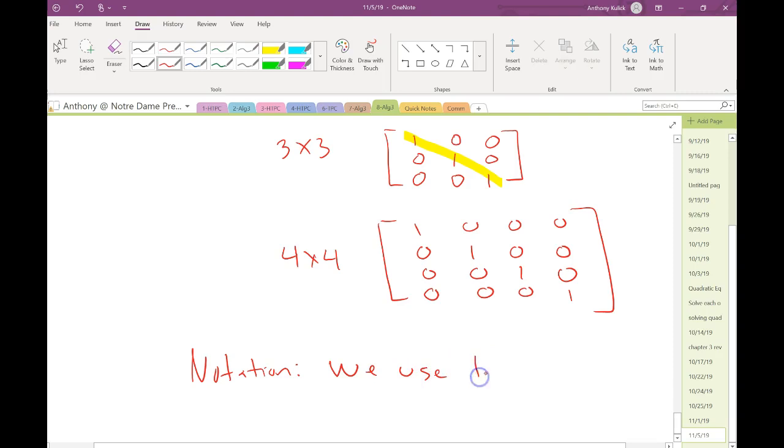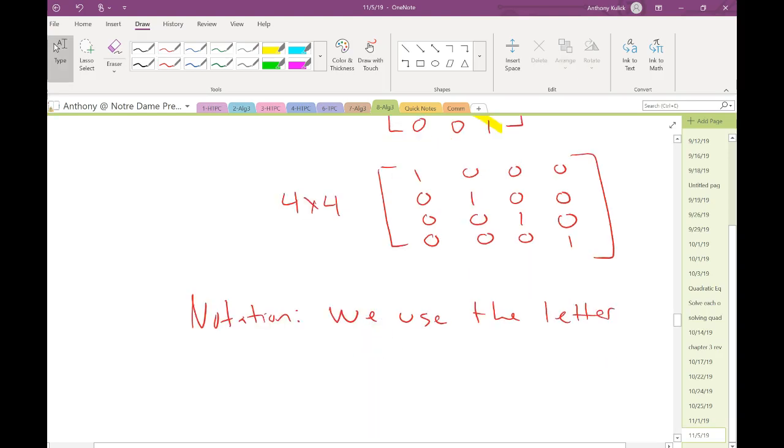What letter do you think we're going to use to represent this? Going to use the capital letter I. Why do you suppose we picked that? It looks like a 1. Yeah.